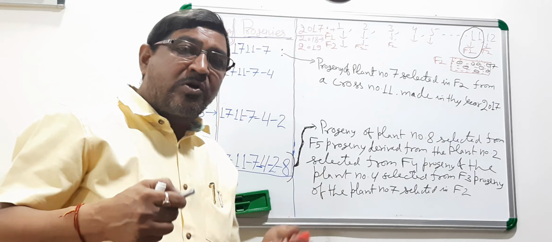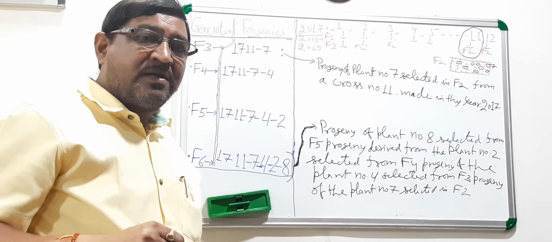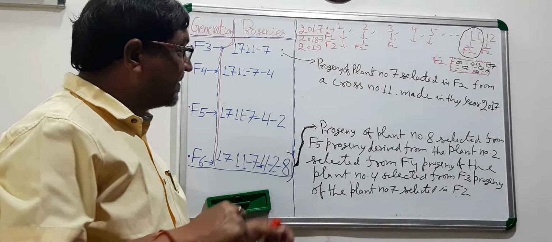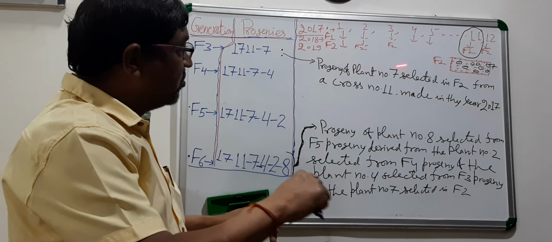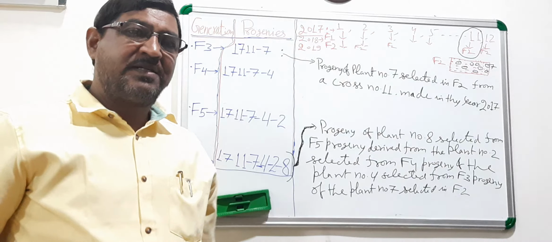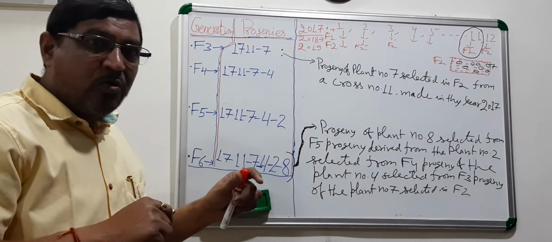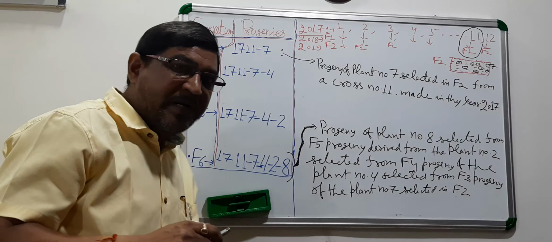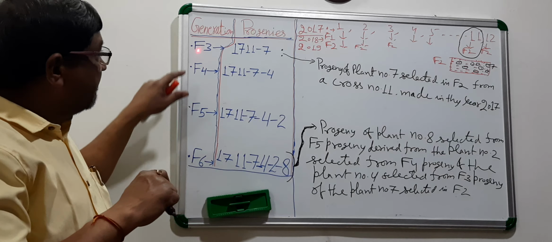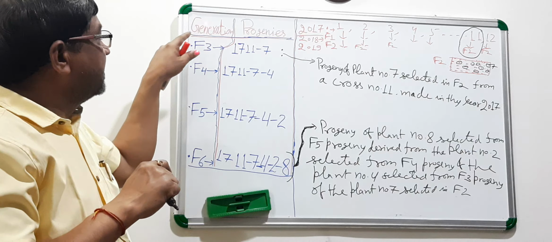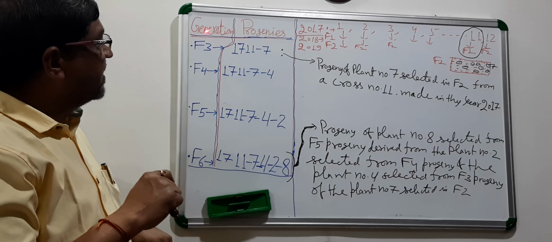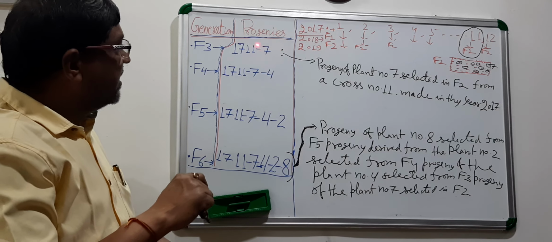So what are you going to write? You cannot write everything as I have described here. You have to just code it. Now, here is how we are going to start writing in your pedigree record. See, this is F3. You will be writing F3, the generation. This is the generation, this is the progeny.